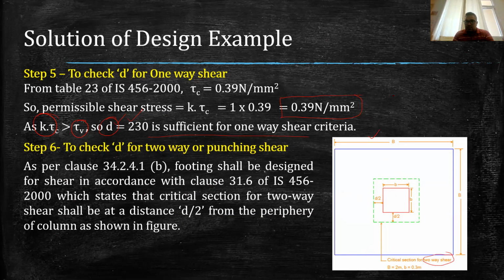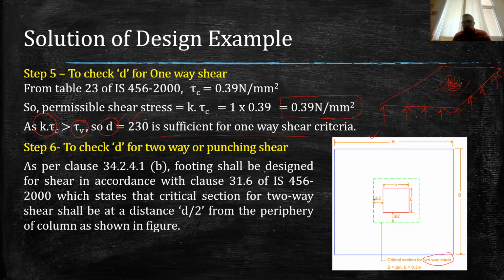Now in this scenario, again we will try to understand with this 3D visualization. Say this is our column and this is the net upward pressure. In this column there is downward pressure, and this is the critical section. In the critical section also, downward pressure will be very high.